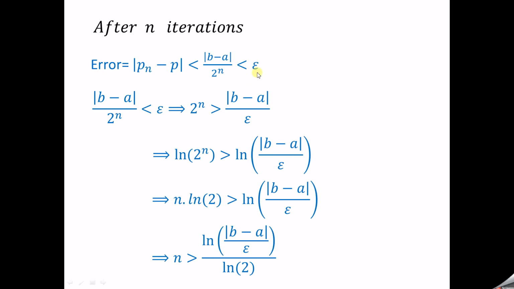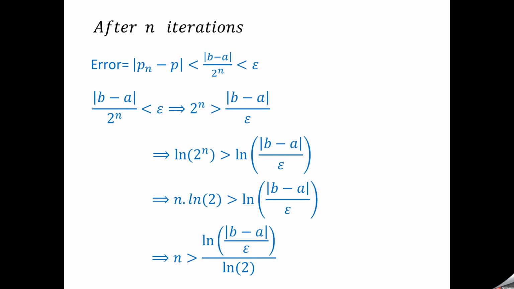So if we want this much accuracy, how many iterations are required? The minimum number of iterations is given by this formula. This formula is useful to find the number of iterations required to get the error less than epsilon in the bisection method.